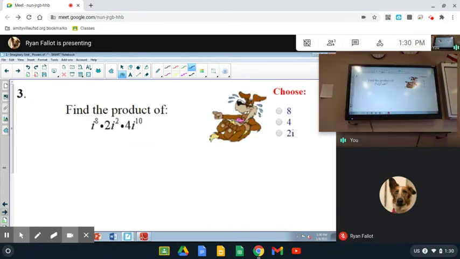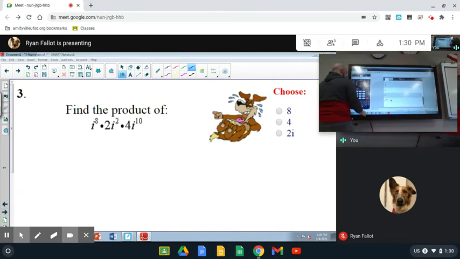All right, product, same thing. Just type this in your calculator: i to the 8th times 2i squared times 4i to the 10th.